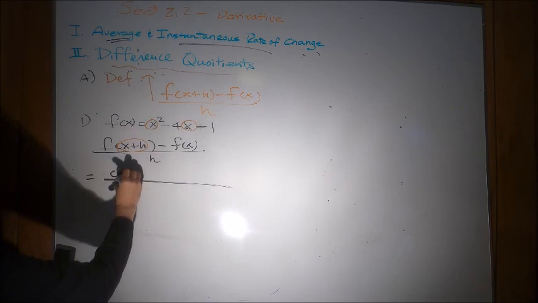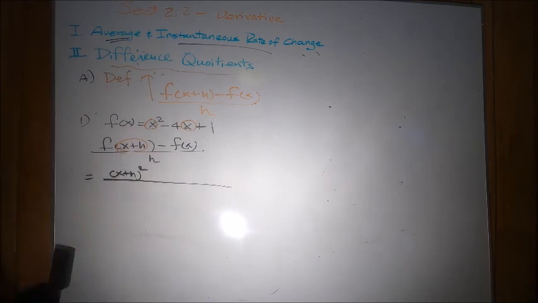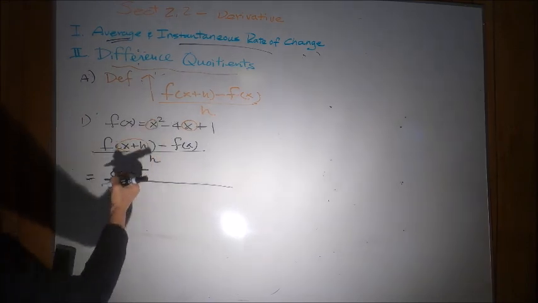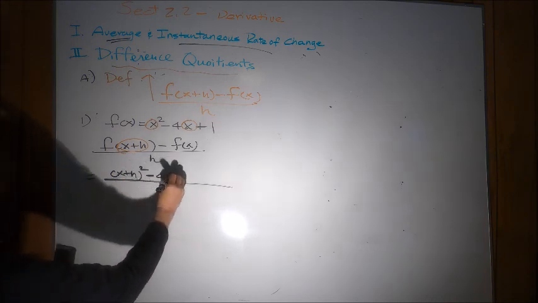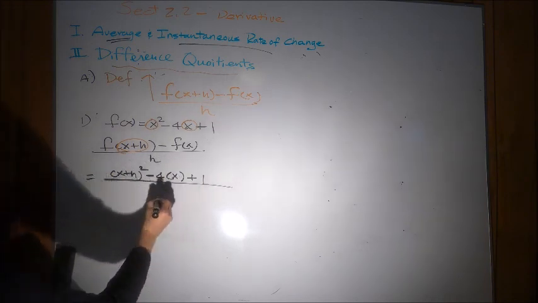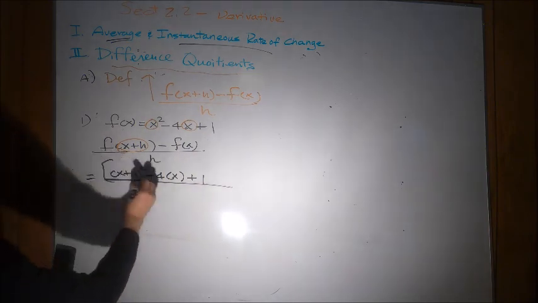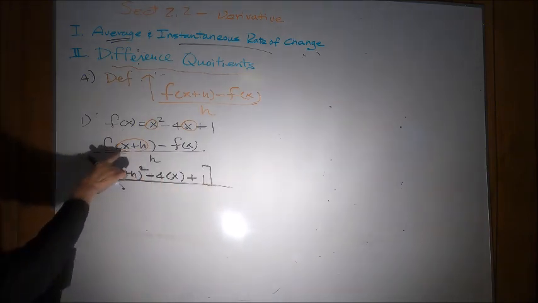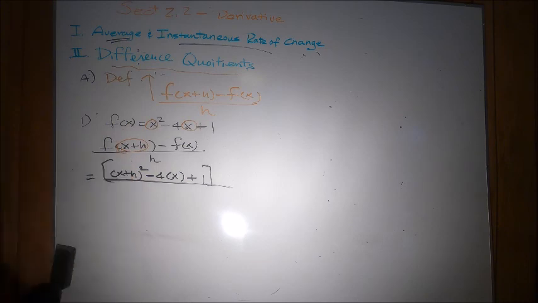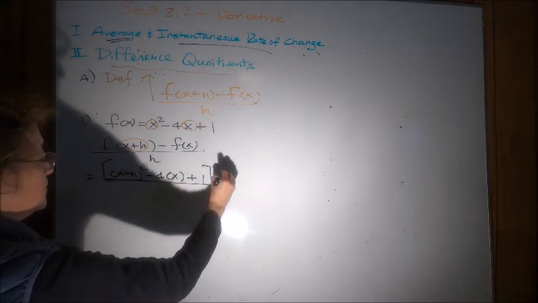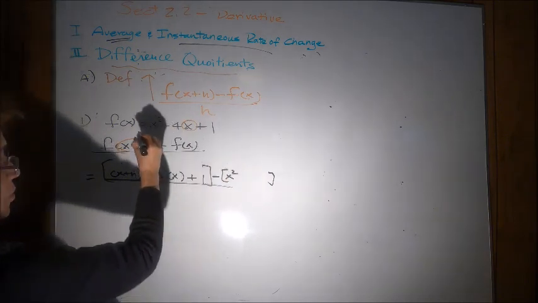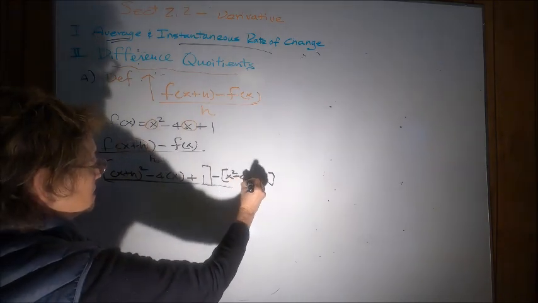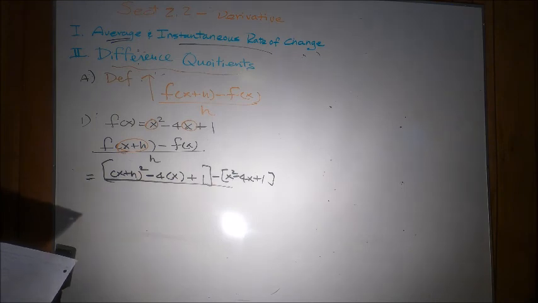Because it's squared, that's the square. Then you do x plus 1. So that's your f of x plus h. Then minus f of x, which is just the original function.